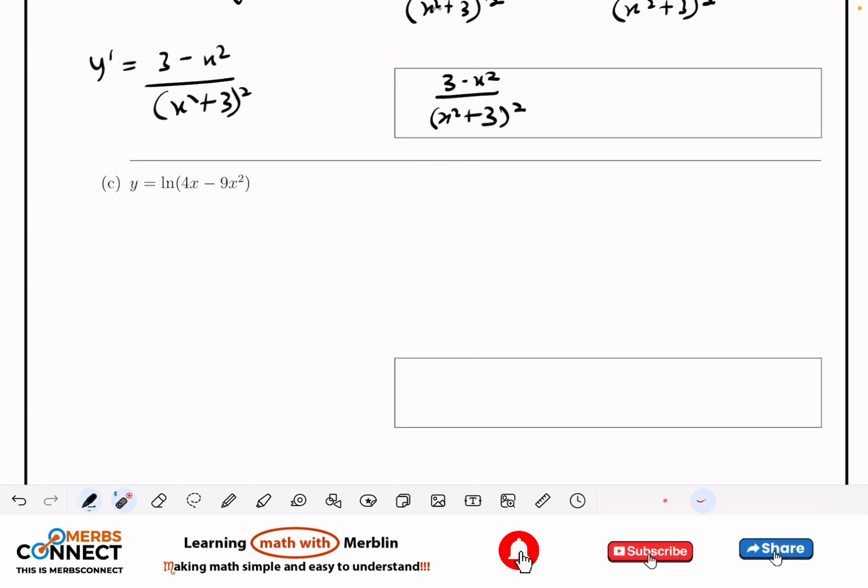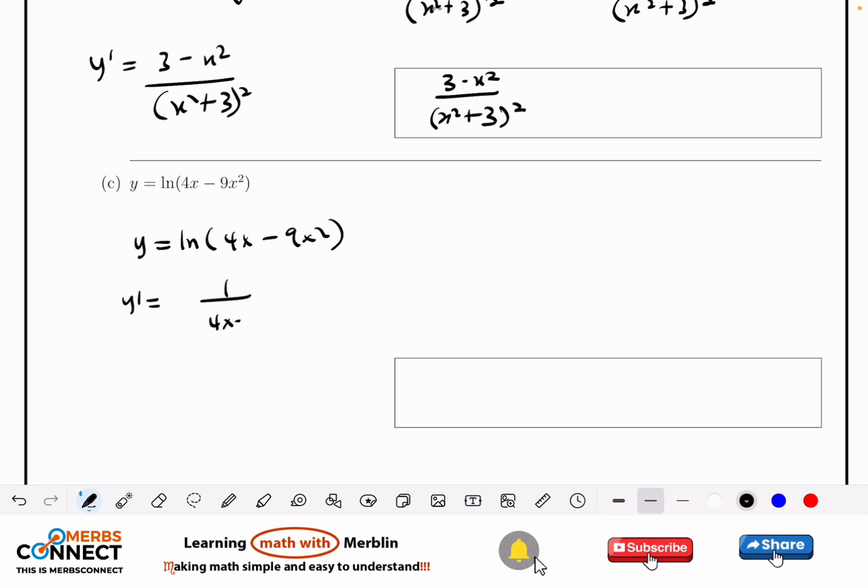Now let's look at C. Y is equal to ln of 4x minus 9x squared. What is the process of differentiating a ln function? We say it's 1 over what is inside the parenthesis, all times the derivative of what is inside the parenthesis.